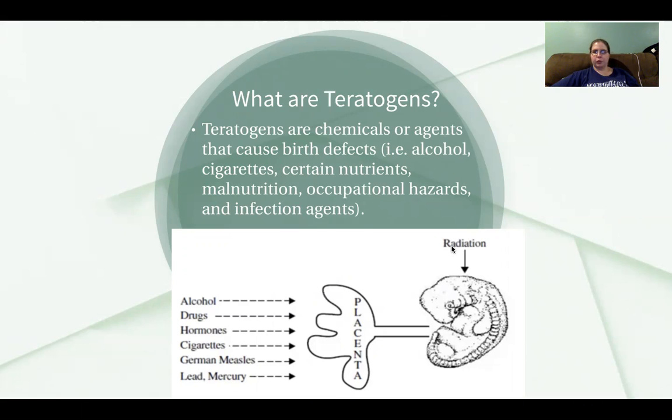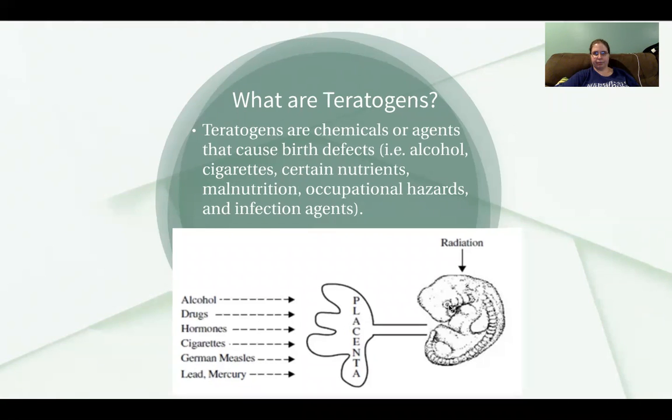So if you're exposed to asbestos or radiation at the job, or certain infectious agents, so certain bacteria and viruses can also lead to birth defects. And the way that they pretty much work is they're in mom's system. They go through the placenta. And from there, they'll go into the baby.